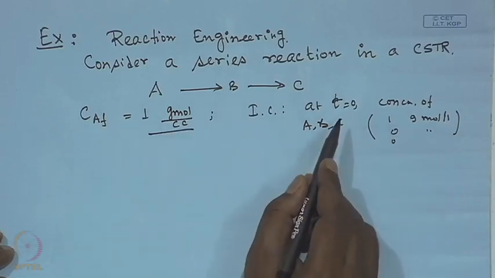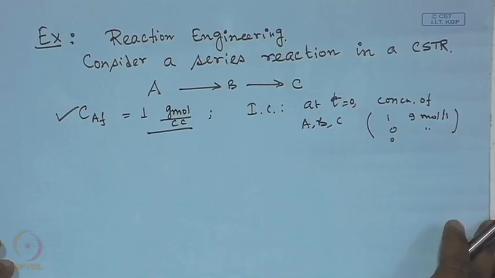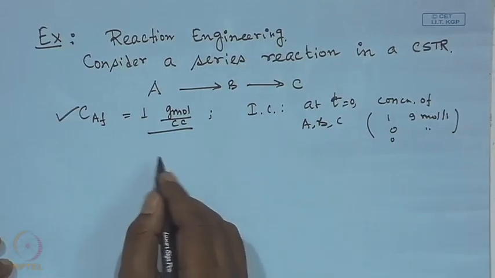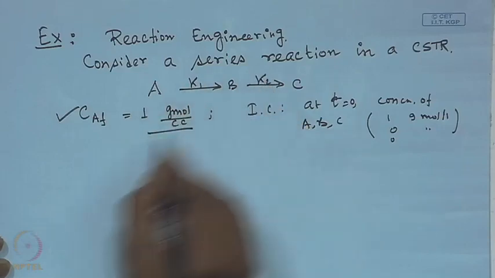So, at time t equal to 0, there was nothing in the system except CA feed, that was 1 gram mole per cc, and the K1 and K2 values are given.